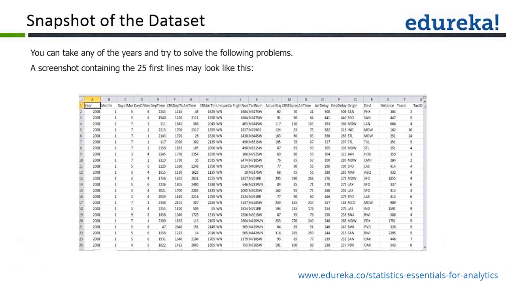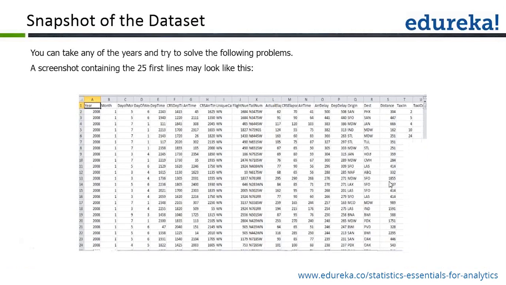Okay, so this means there is a flight which was going in, say, the year 2008 in the month of January, on the 3rd of January, which is a Thursday, and the scheduled time for departure is 2021 and so on. This is the actual departure time, this is the scheduled departure time. Is there a delay? How much was the delay? And so on. So this flight was traveling 304 miles. This flight, for instance, traveled for 1,855 miles, and so on.